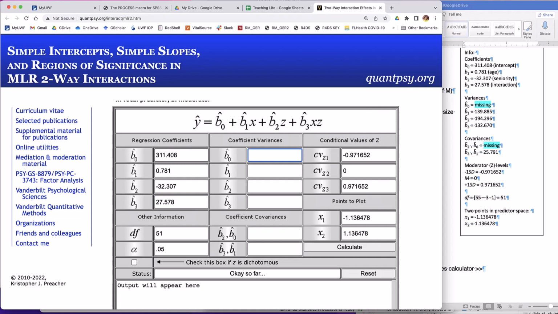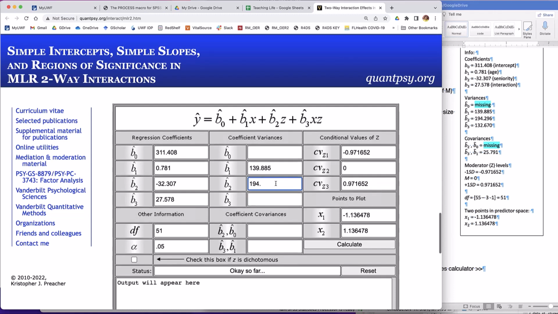So I don't have that one yet. I'll get it in a sec. 139.885, 194, oops, maybe it's not faster for me to type. 296 and 132.670.